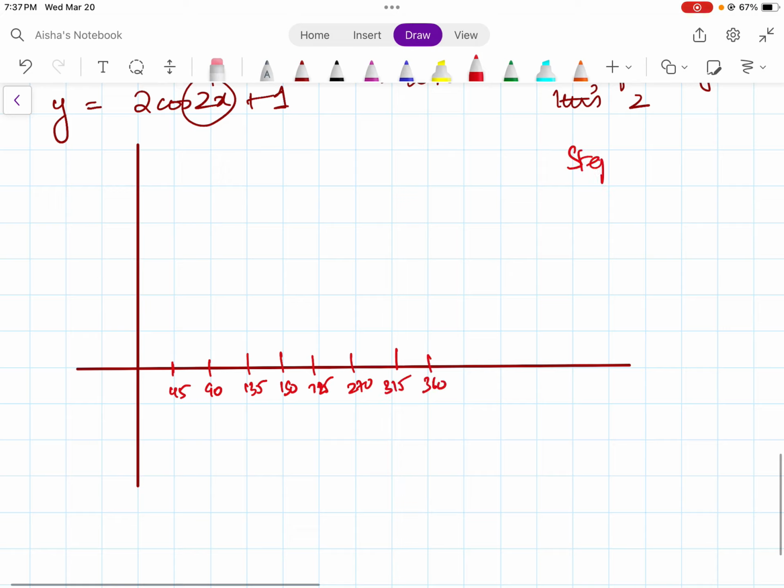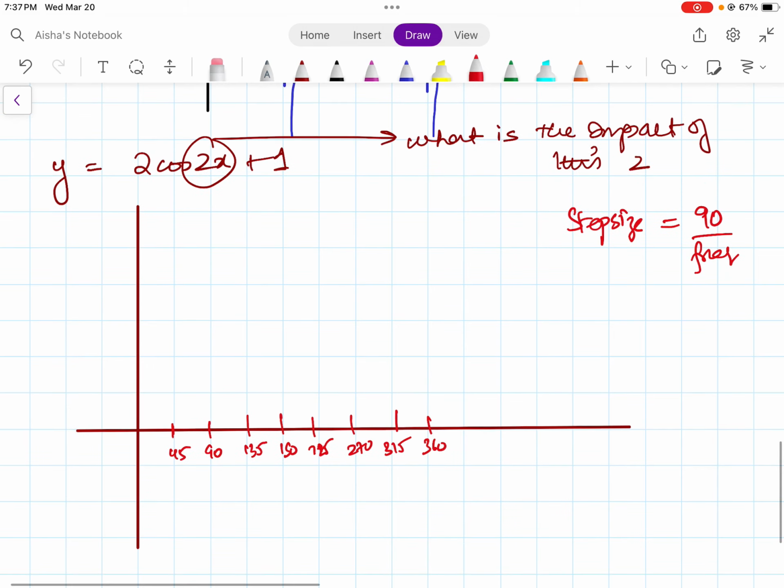The regular step size is 90, or you can say 90 divided by frequency. When the frequency is 1, you do 90, 180, 270, 360. When it's 2, 90 divided by 2 is 45. This is the interval size on the x-axis.